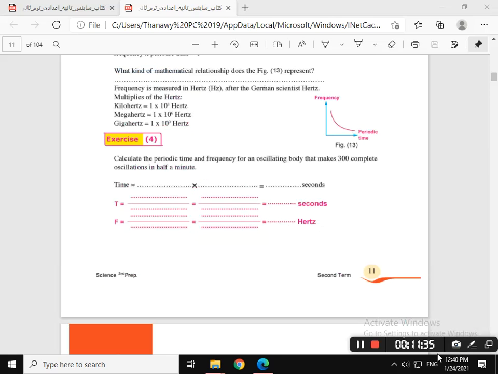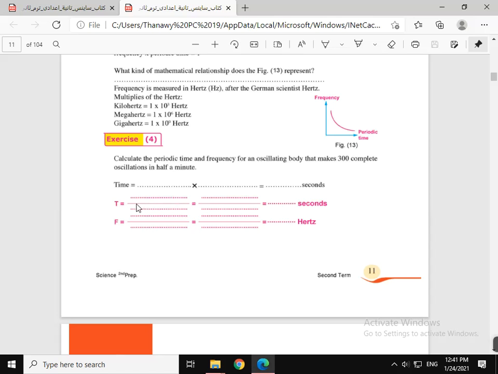Exercise number 4. Calculate the periodic time and the frequency of an oscillating body that makes 300 complete oscillations in half a minute. Here the time must be in seconds: half times 60, so it will be 30 seconds.